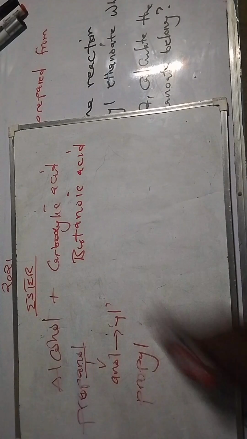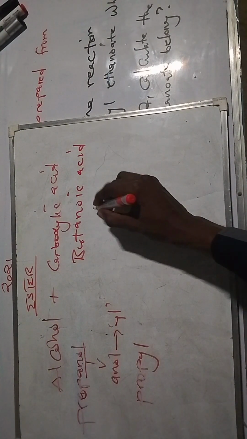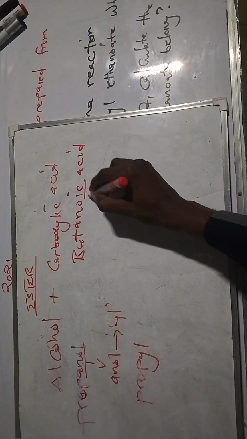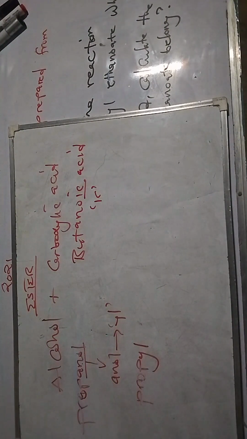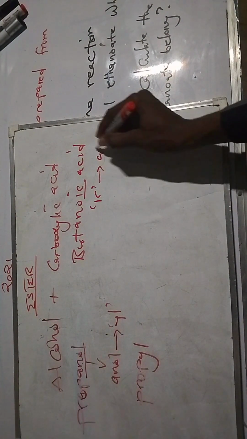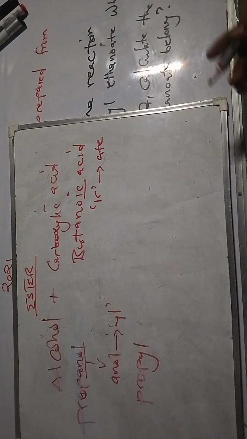So it will be propyl. Then from the acid part, we are going to remove the -ic. Then -ic will be converted to -ate. In English, you can read it as "ate".